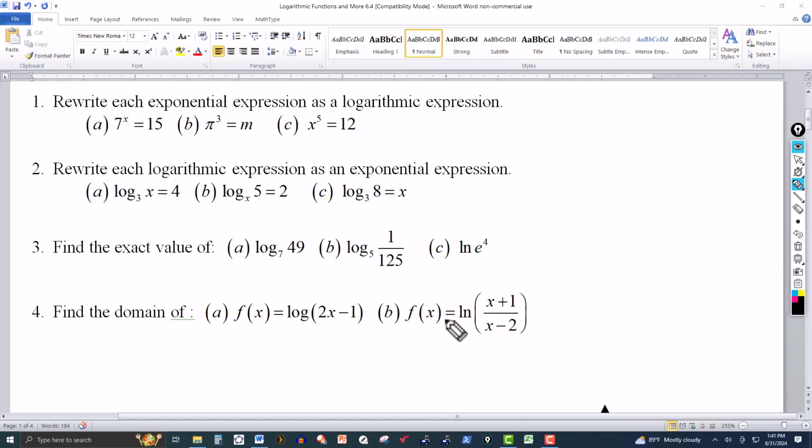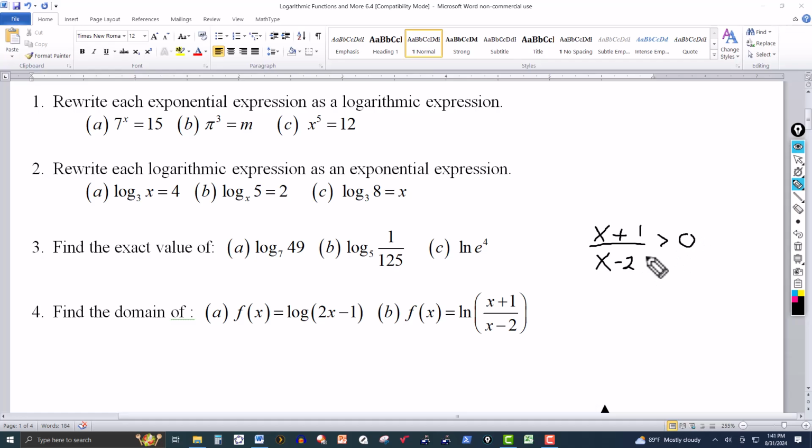And the next one, we've got f of x is equal to the natural log of x plus 1 over x minus 2. Well, the domain will simply be all the values for which x plus 1 over x minus 2 is positive, greater than 0.